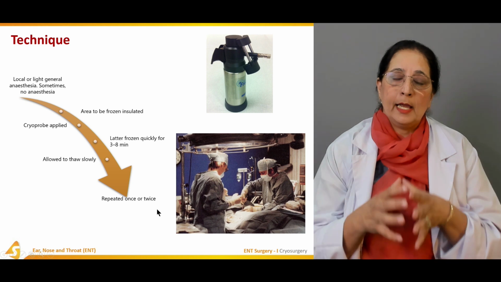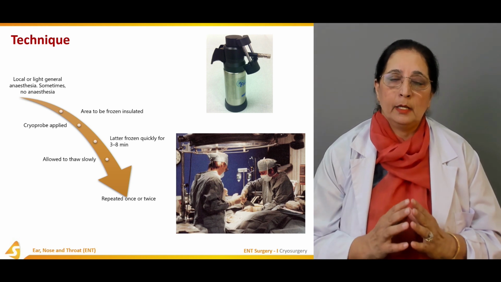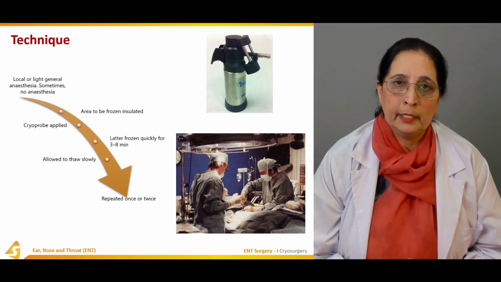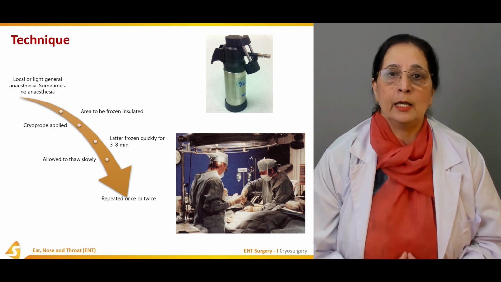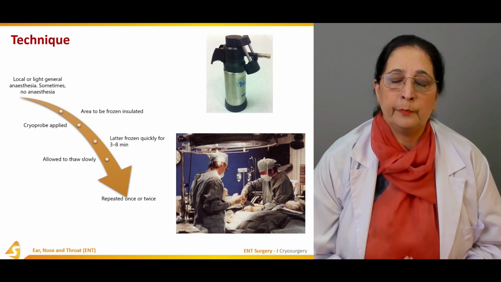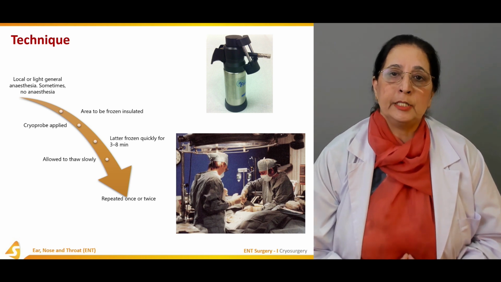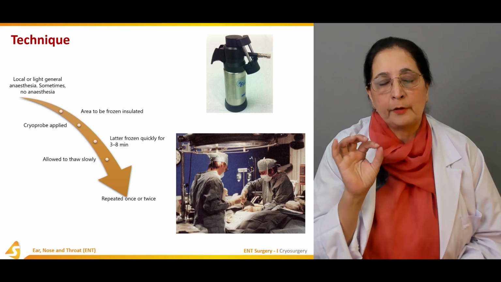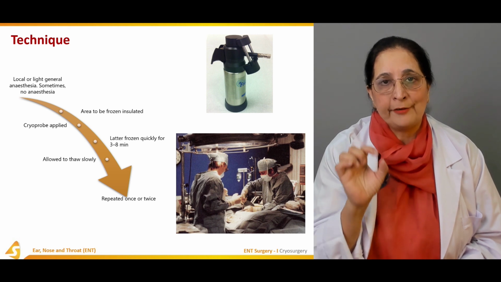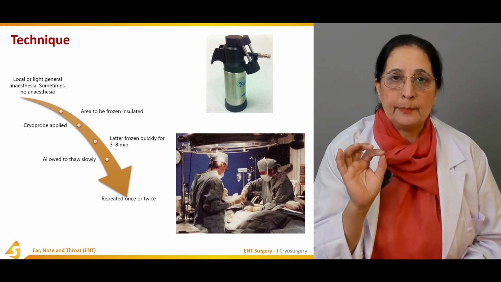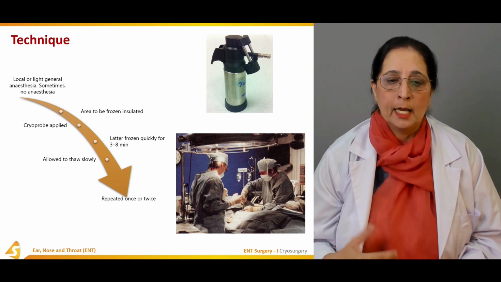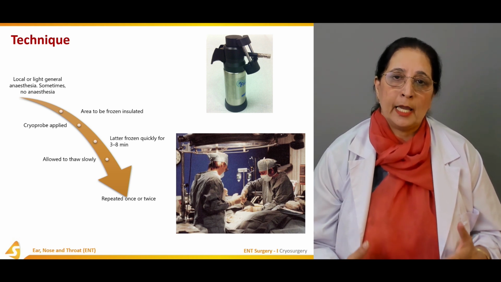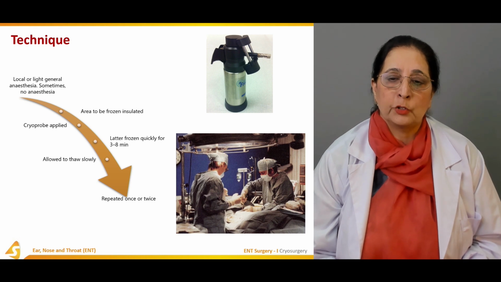So the area in which the tissues need to be destroyed, in which cryosurgery needs to be performed, is isolated. Then the cryoprobe, at a very cold freezing temperature, is applied to the area for about 3 to 8 minutes, and then this can be repeated once or twice.